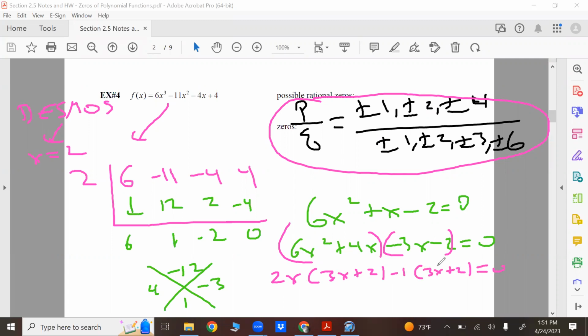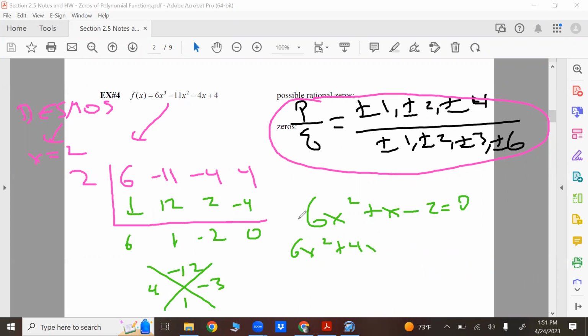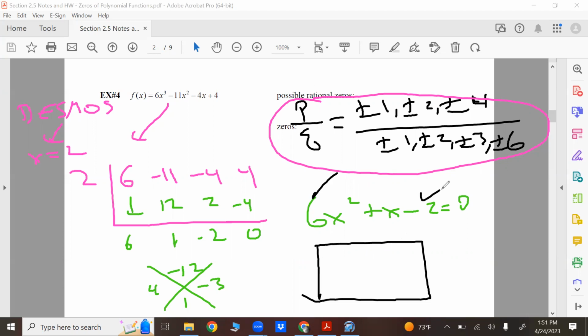You can do the diamond and factor by grouping, or let me show you the box really fast in case you're curious. You still have to do the diamond to know how to break it apart. I did 6 times -2 is -12. And then I put the middle number, which is 1, the middle coefficient.